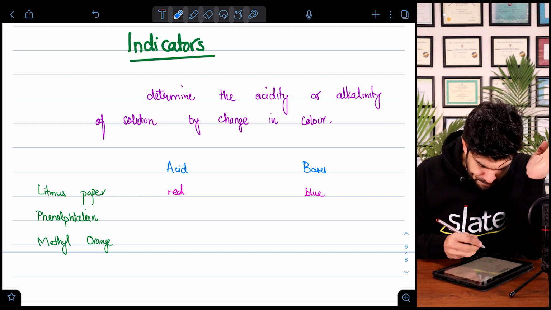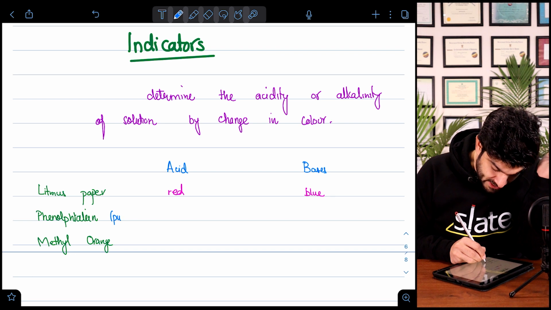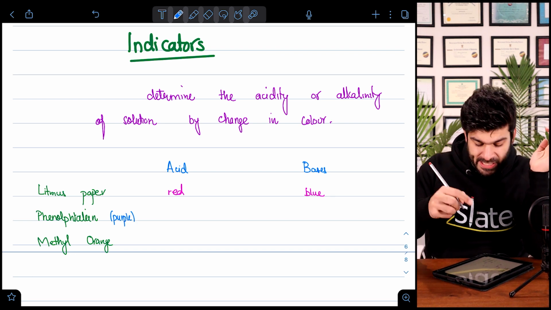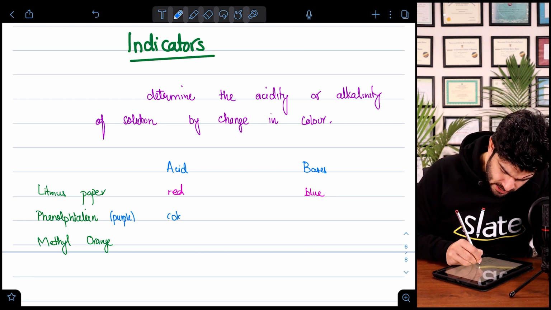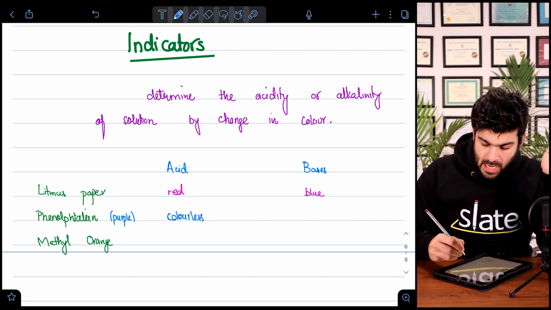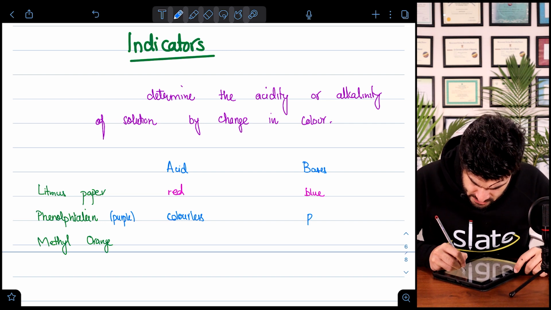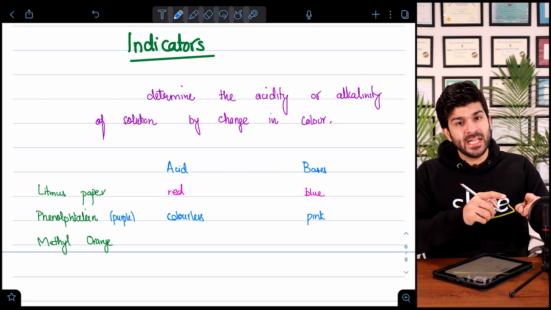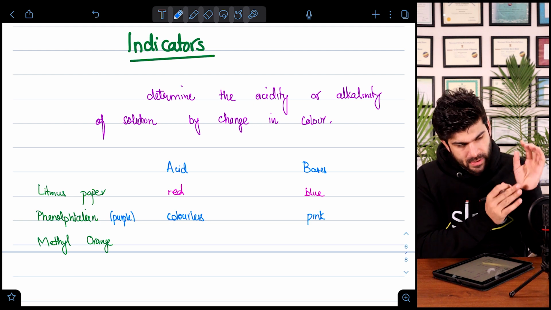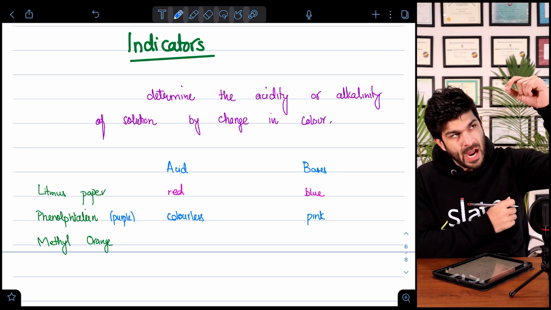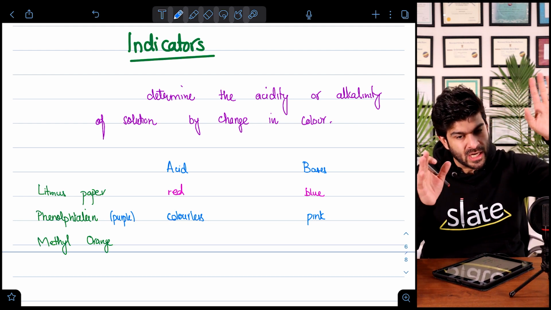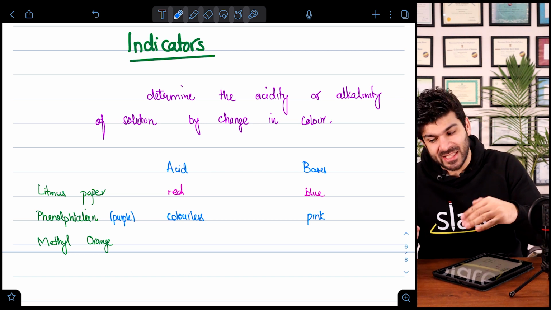So phenolphthalein is purple in color itself. But when you add it in acid, it turns colorless. And what about bases? It turns pink. So phenolphthalein, which is a purple colored liquid, when you add drops in acid, there is no color, it's colorless. When you add drops in base, it's pink.